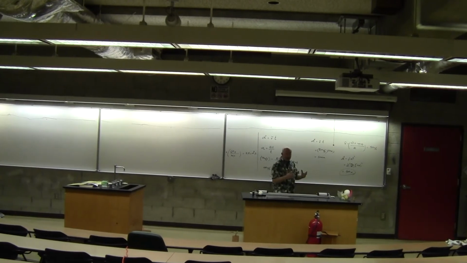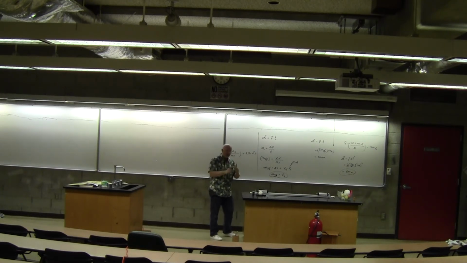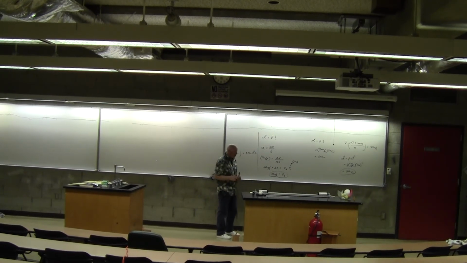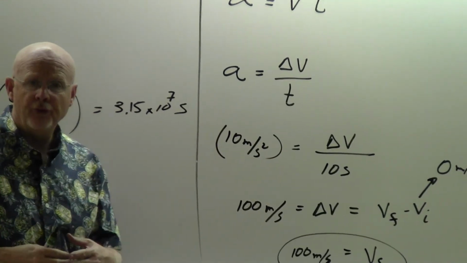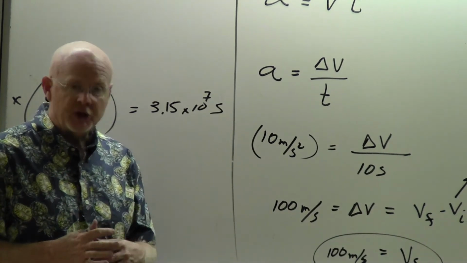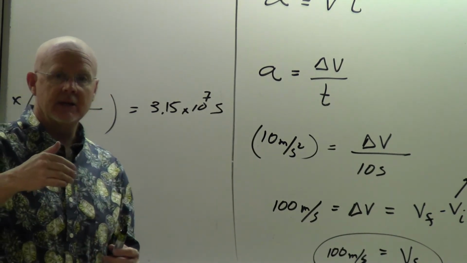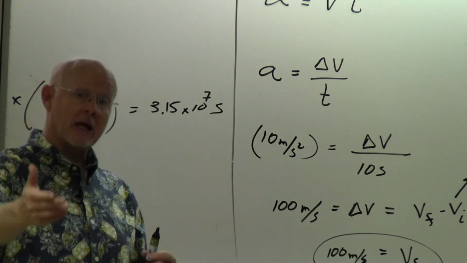In fact, maybe I'll illustrate that. As another example from this chapter, I might say something like this: how far did this falling object move between 8 seconds and 10 seconds?